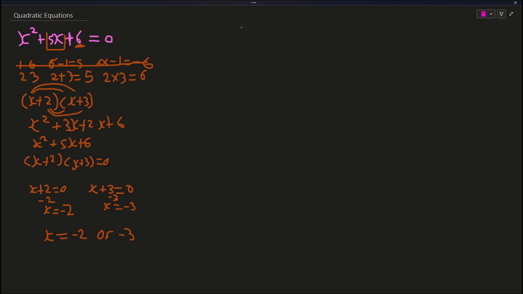Let's go through another example just to practice more. I'm going to write the question. If you want, you can try and go through the question yourself first, and then see me follow through with what I'm doing as well. So the next question is x squared plus 17x plus 72.